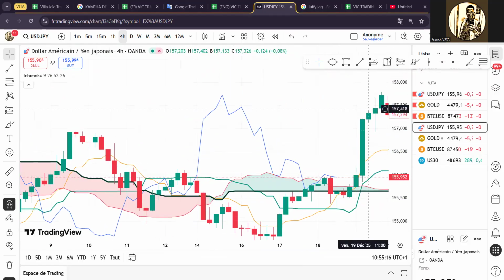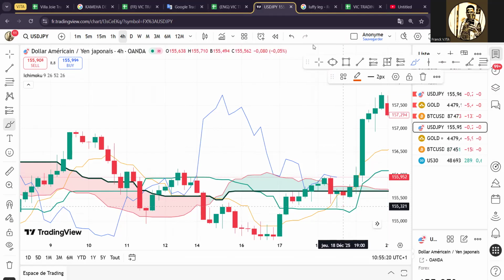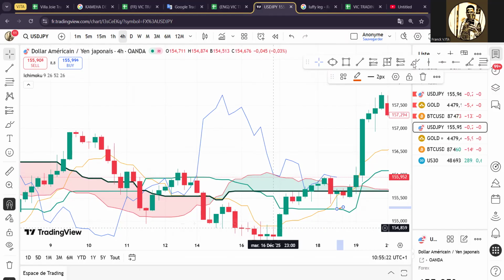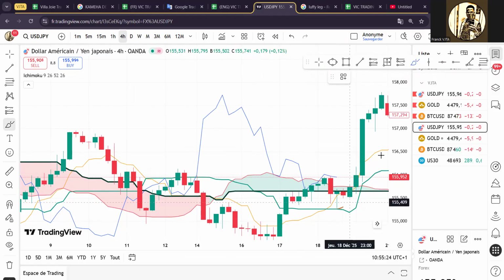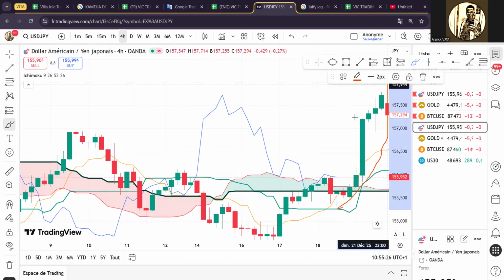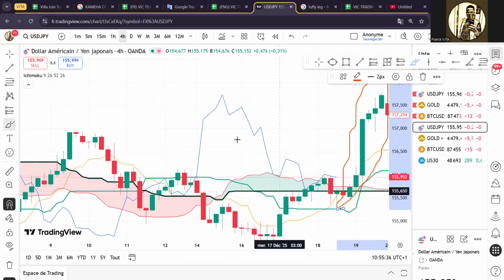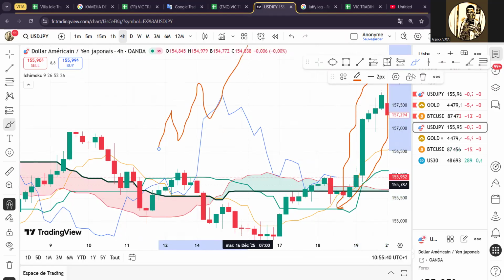You would have just come, identified the Luffy leg by just looking at the last impulsion that is showing on your screen, which has a long series of candles, like during the price action, MW price action like this.